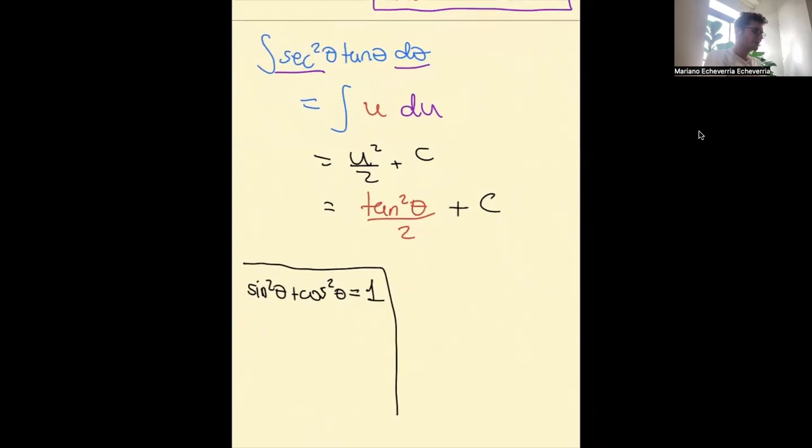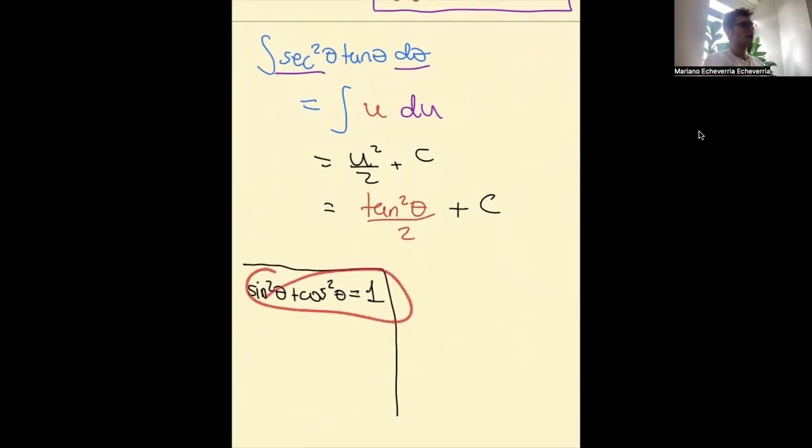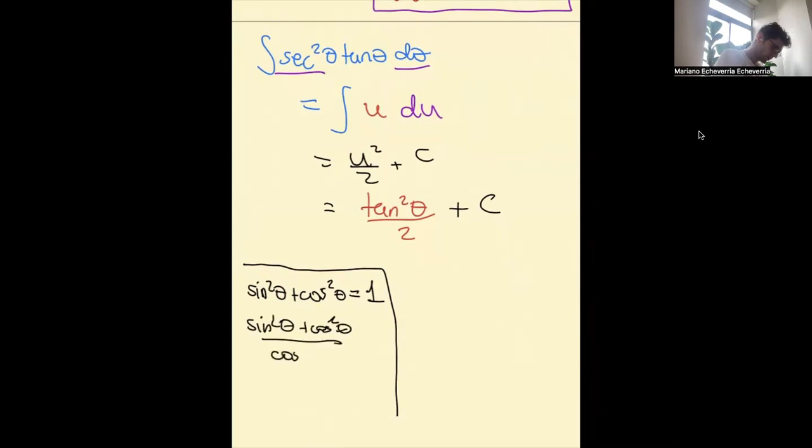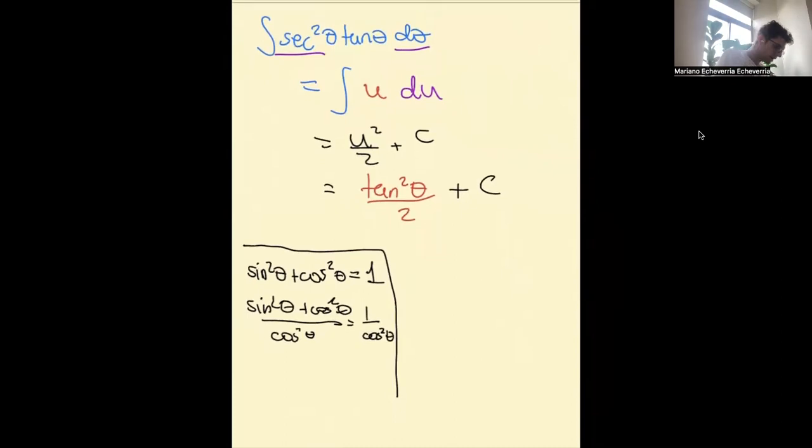The others are less important, but this one definitely should be one that everyone knows. So if you take this equation and divide both sides by cosine squared, what are we getting? We're getting sine squared of theta over cosine squared of theta plus 1.